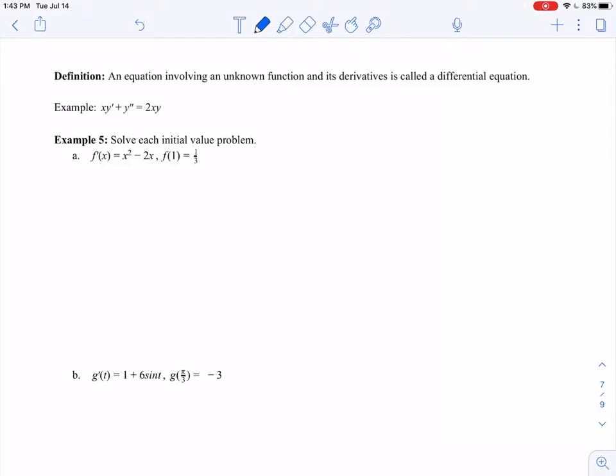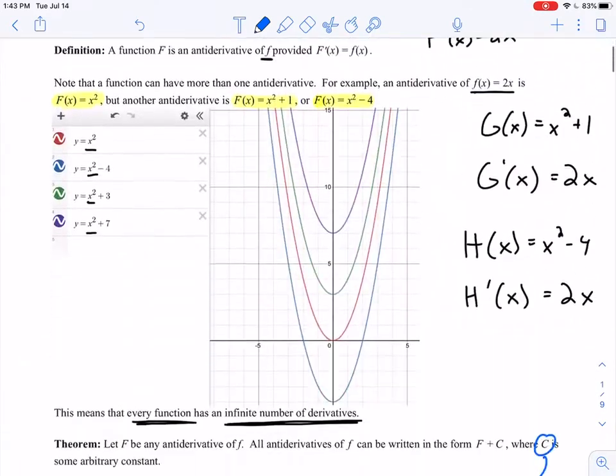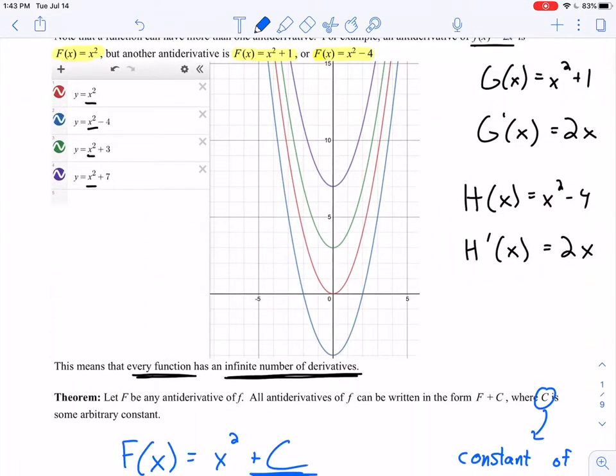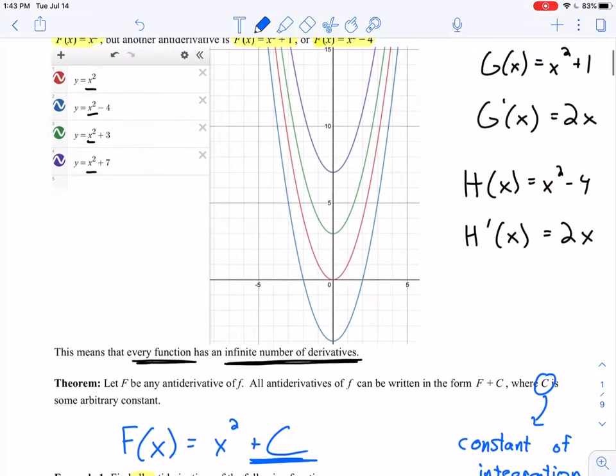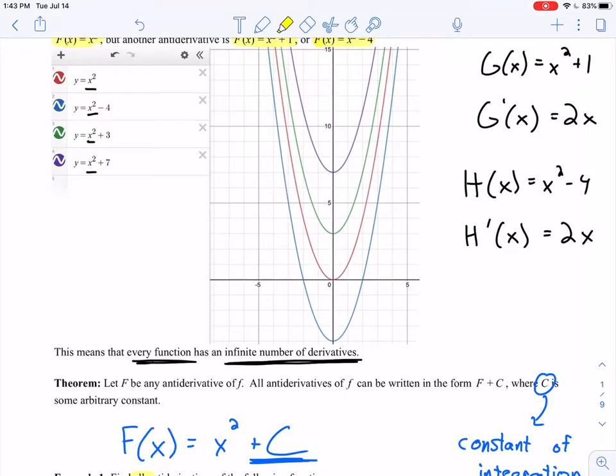I'm going to scroll back to one of the very first pictures we looked at here. Remember we said, here's all of these different antiderivatives, and we might be talking about this particular antiderivative, the purple one that I'm highlighting here.